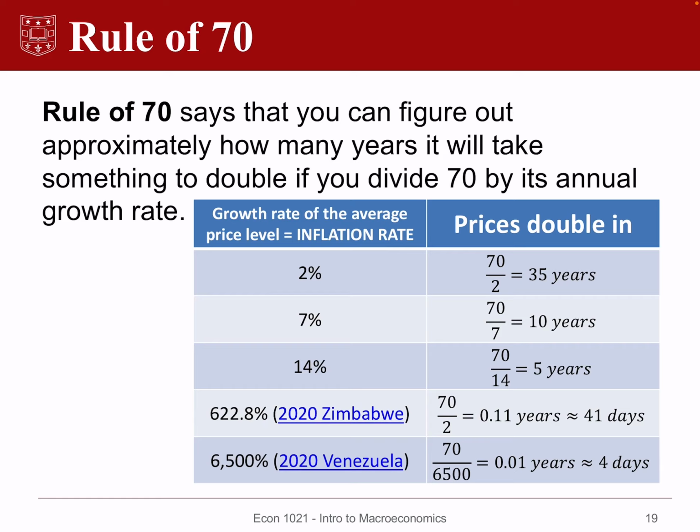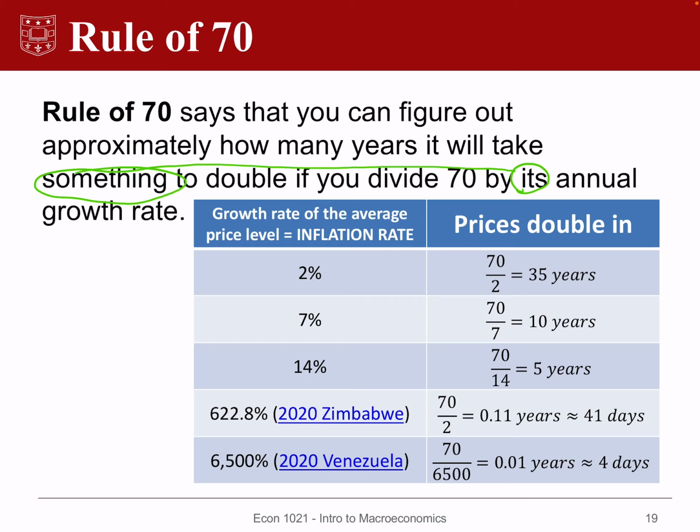We'll see this in some of our subsequent discussion as well. The rule of 70 says that you can figure out approximately how many years it'll take for something to double if you divide the number 70 by that something, its annual growth rate.